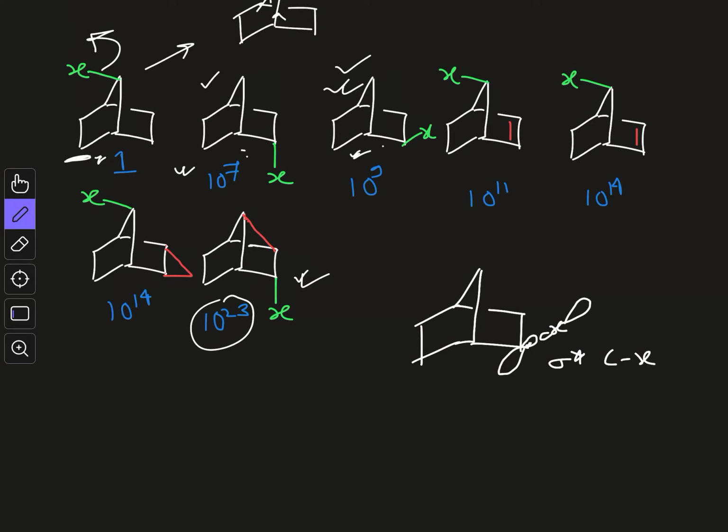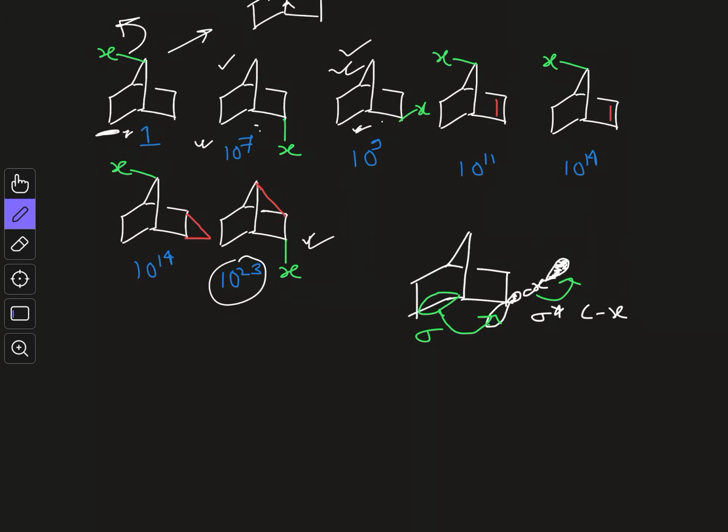Now if you carefully look into the molecule, you will see that the HOMO of this bond, this sigma, and this sigma star are perfectly anti-periplanar to one another, they are parallel to one another, and that's why this sigma bond can participate in departing this X.